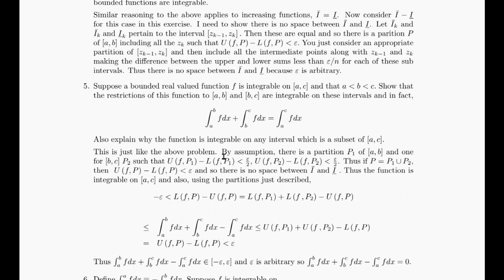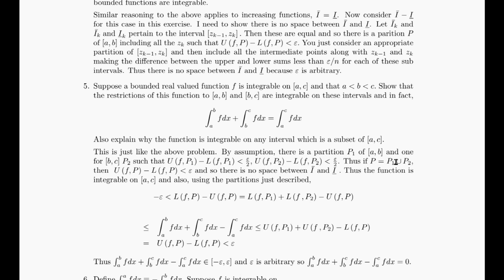This is just like the above problem. There's a partition P1 of [a, b], and one for [b, c] called P2, such that U(f, P1) minus L(f, P1) is less than epsilon over 2, and same with P2.